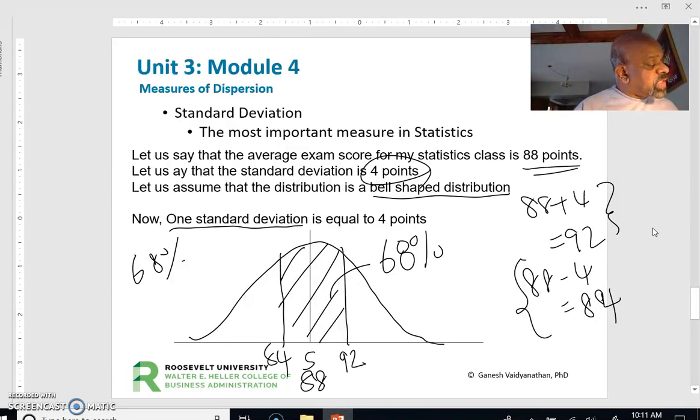So the empirical rule states that 68% of the scores will fall between 84 and 92 if the average score was 88. If the average score changes, the standard deviation also changes, and so the bell shape will be a little different. Okay, so let's look at one more thing.